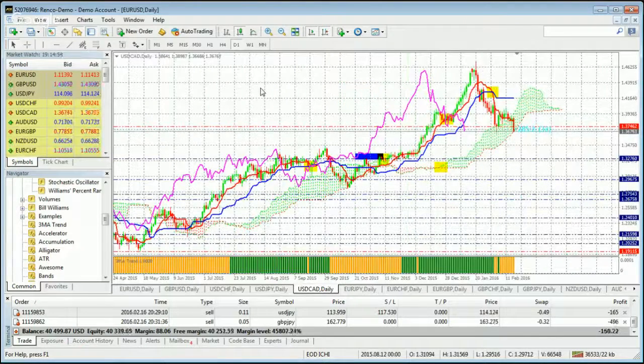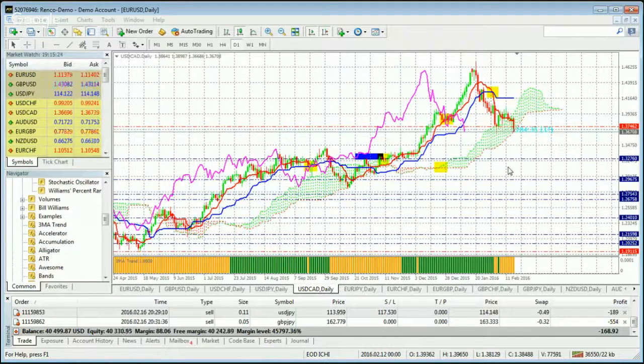Now, here's something interesting happening. Bullish or bearish? What would you guys say? This one is none of the above.